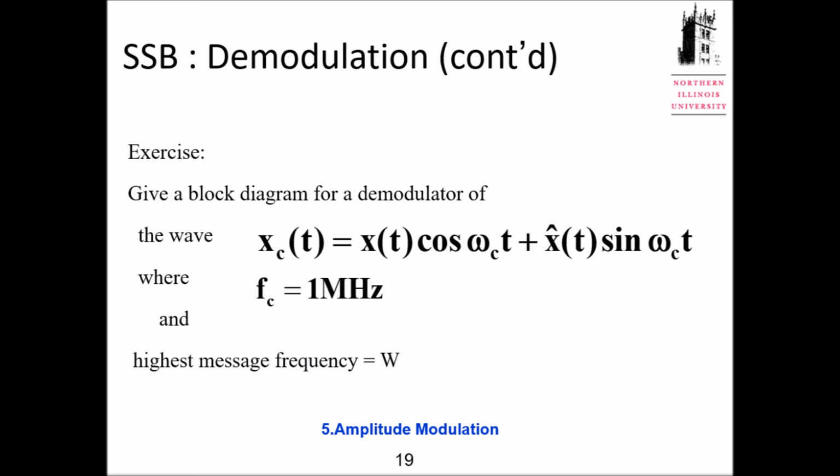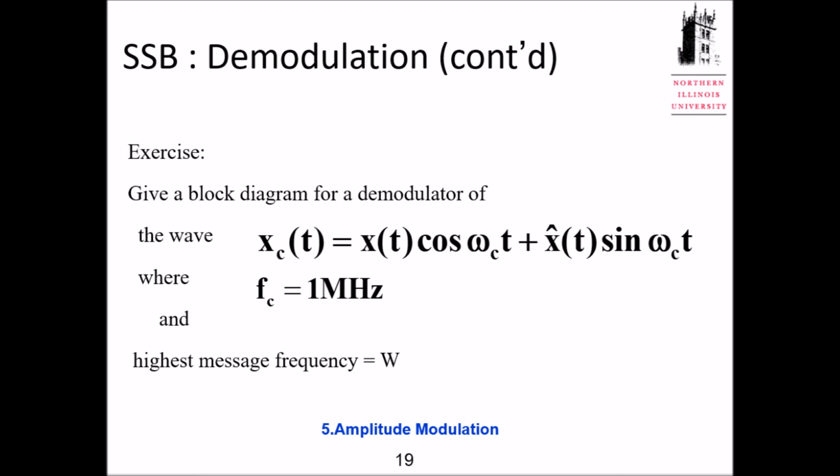Okay, this is the last one for this class. I want to design a demodulator for this signal. So number one, what is my signal? This is single sideband, right? The sign can mean upper sideband or lower sideband.